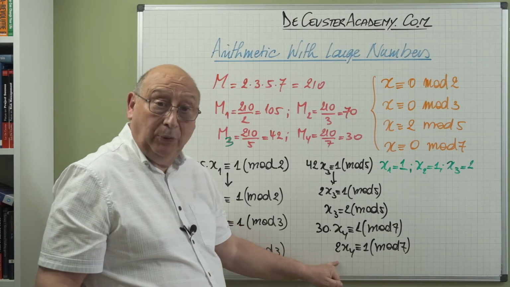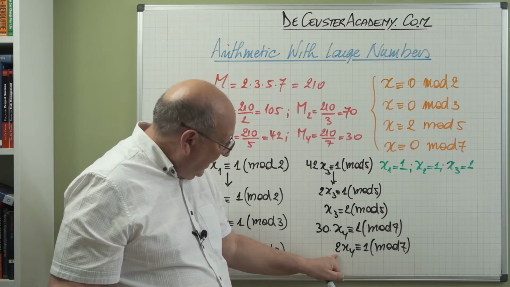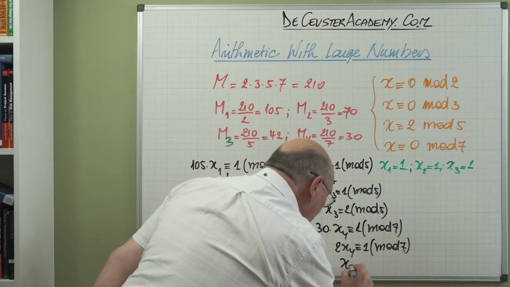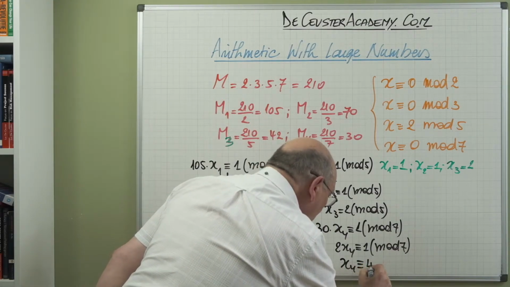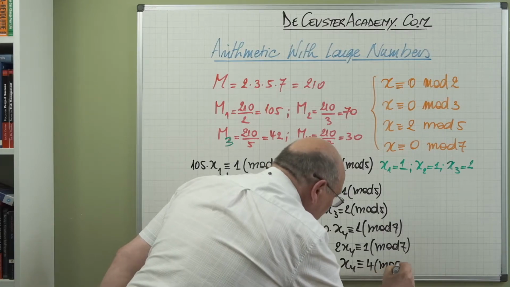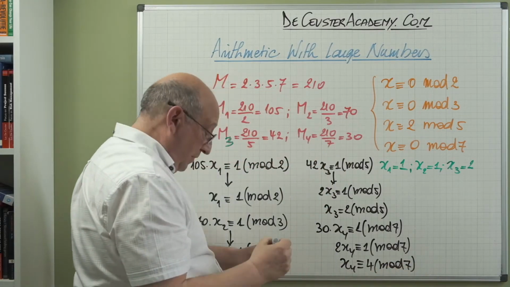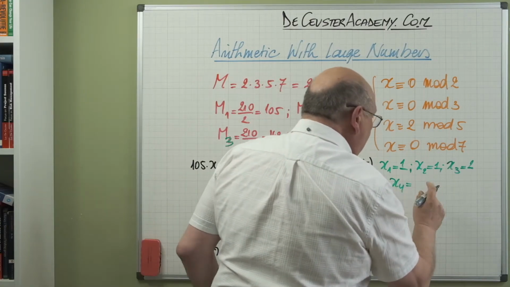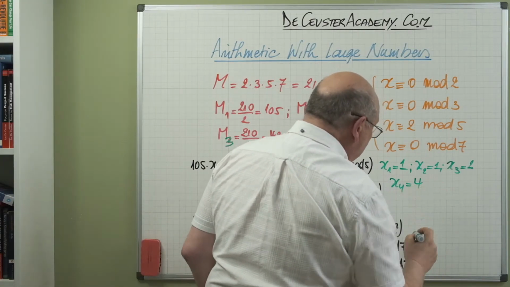When we multiply with 4, we find 8. 8 modulus 7 is 1. So we see that x4 is congruent with 4 modulus 7. And here x4 is equal to 4.